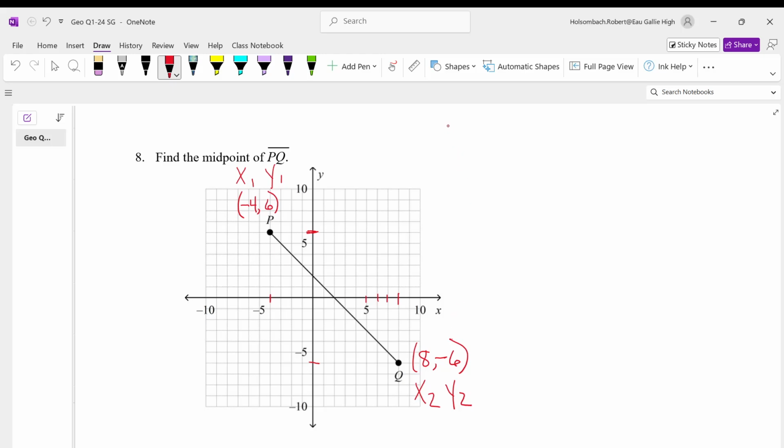Our midpoint is equal to the sum of the x's, negative 4 plus 8, divided by 2, and then the sum of the y's, 6 plus negative 6, divided by 2.